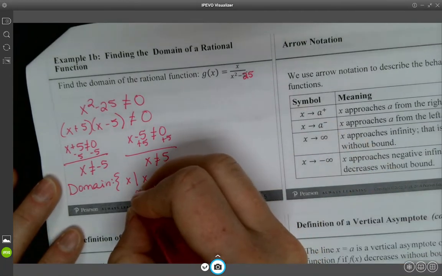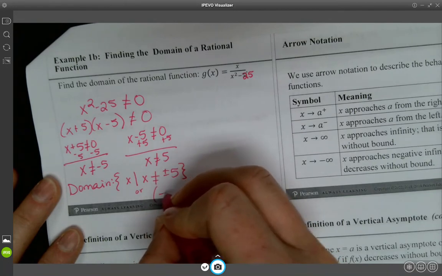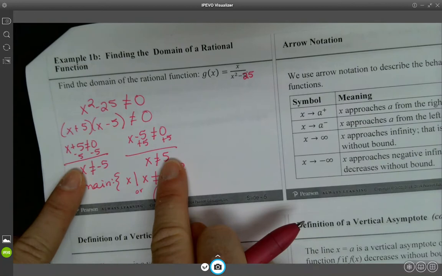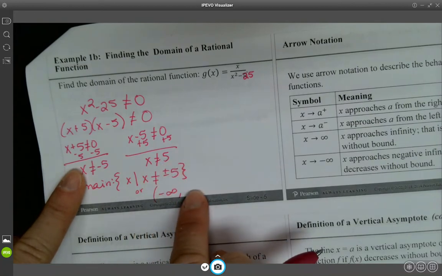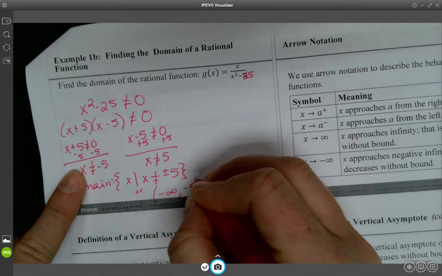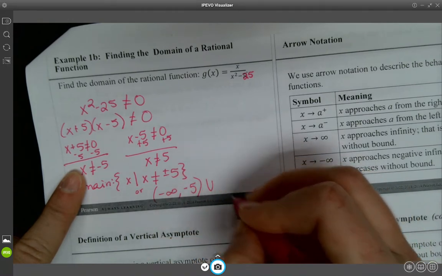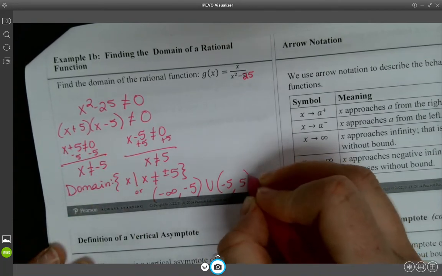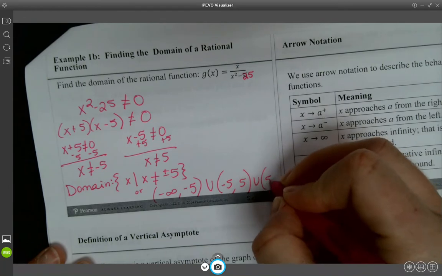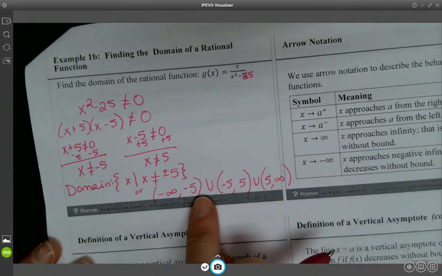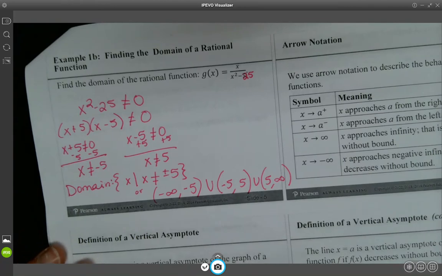And then the other way would be we're going to go negative infinity up to negative 5 first, because that's what we'll hit first as far as the x value if we're going forward. Union that with negative 5 to 5. Union that with 5 to infinity. So what this tells us is everything except for negative 5 and positive 5.